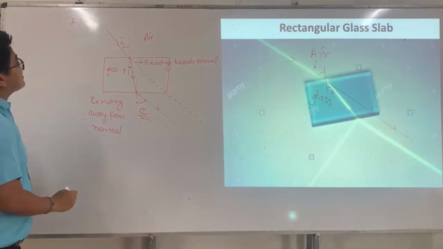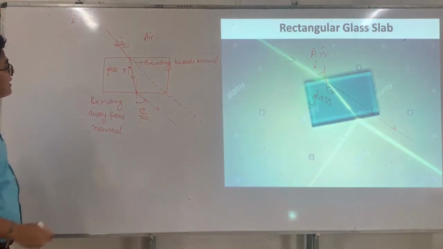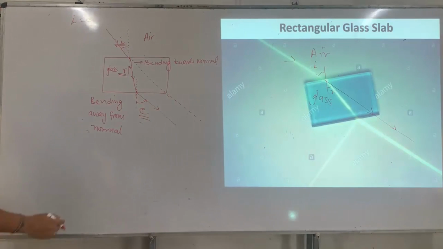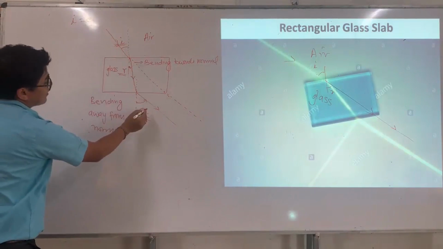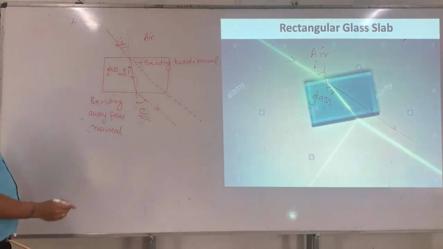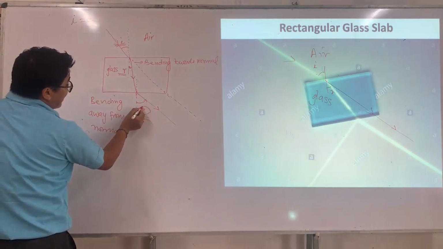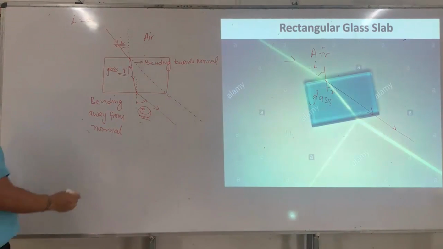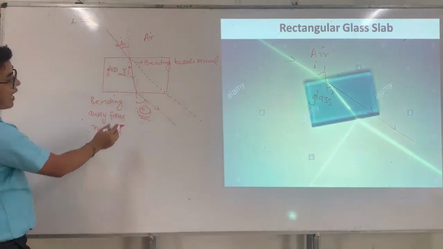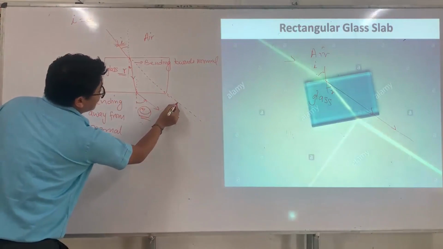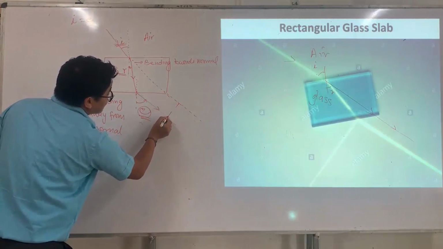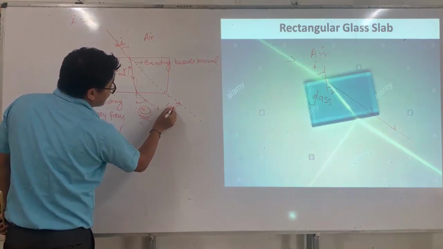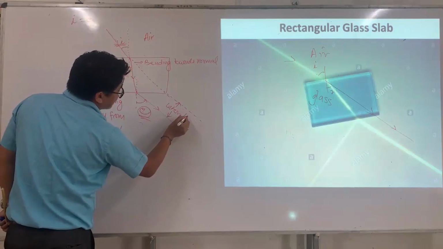This is the angle of emergence, this is the angle of incidence, this is the angle of refraction. So when light comes out from a glass slab, this angle is equal to the angle of incidence. Therefore, the incident ray and emergent ray are parallel. And this distance is what we call lateral displacement.